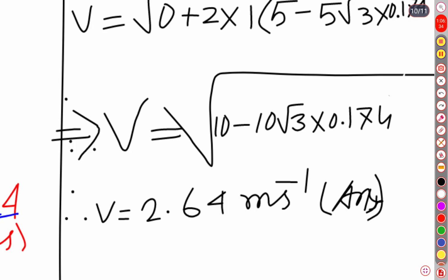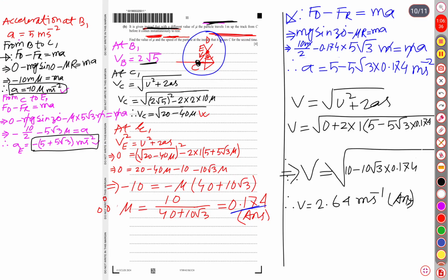Let me show you the whole solution, though it looks messy because the device doesn't allow writing so much on one page. Yet I tried to write it, and I think you have understood. Both A and B of this question are almost similar. At points B, C and E, we got both the acceleration as well as the velocity.